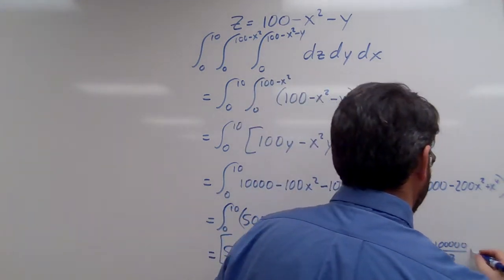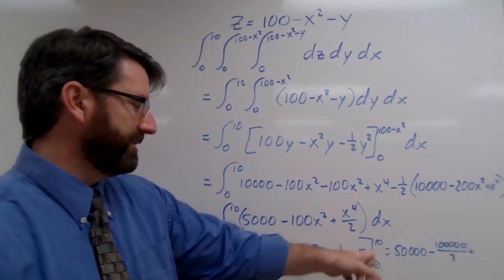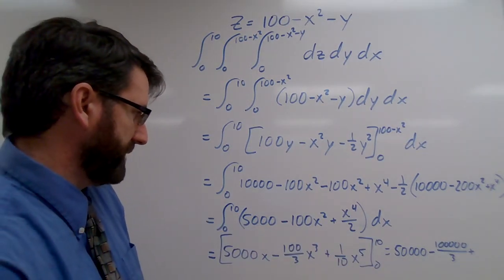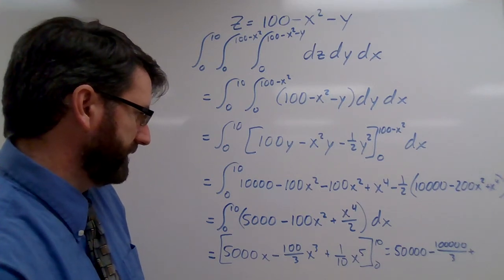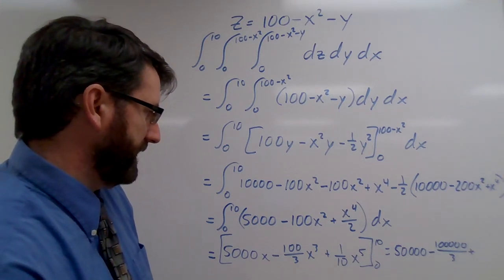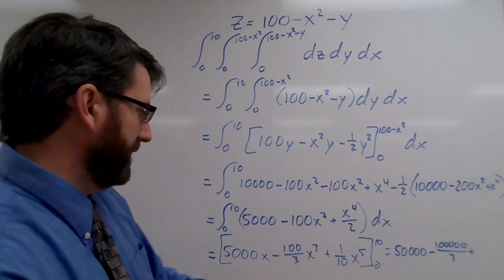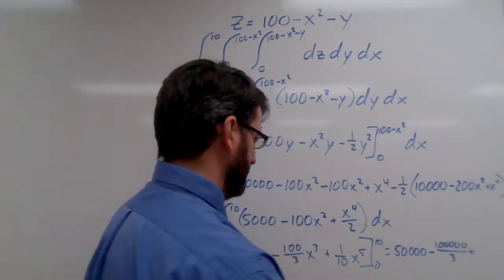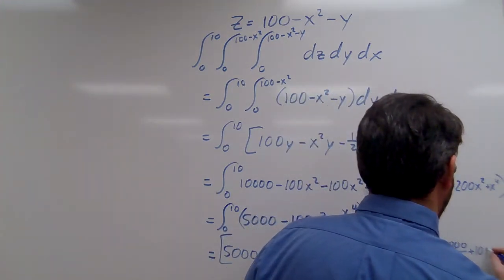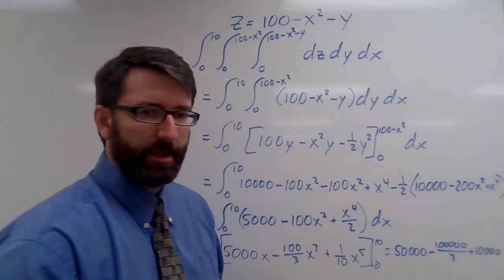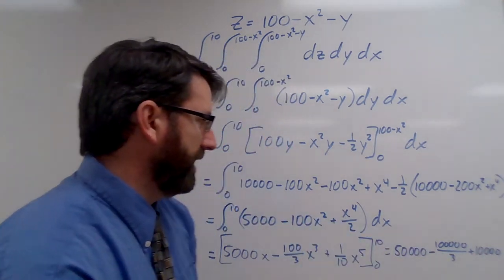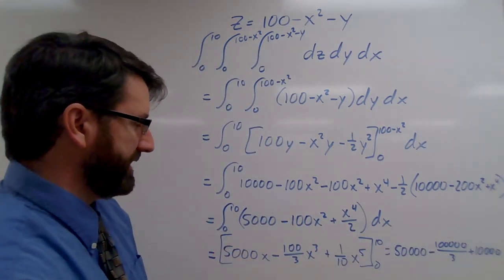And then plus x to the fifth is, what, 100,000 divided by 10, which is 10,000. All right, so now 50,000 plus 10,000 is 60,000.